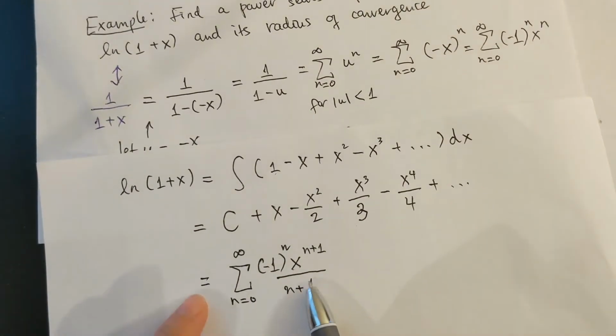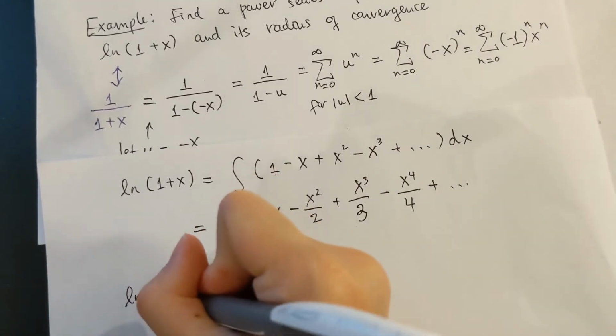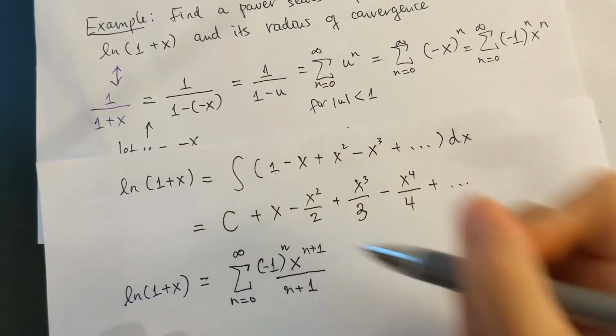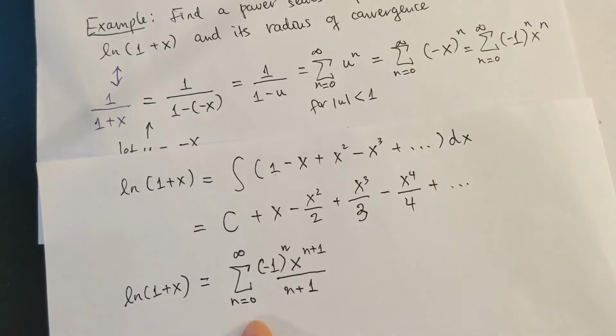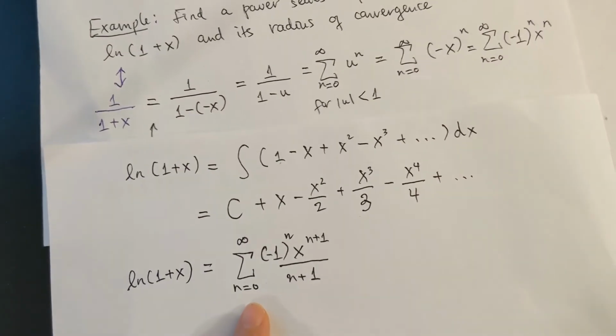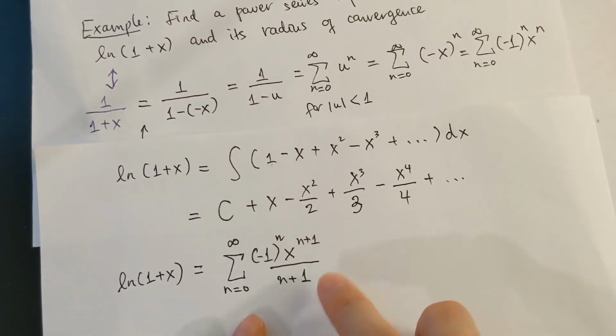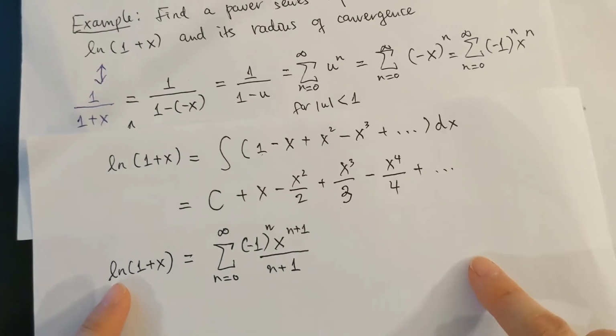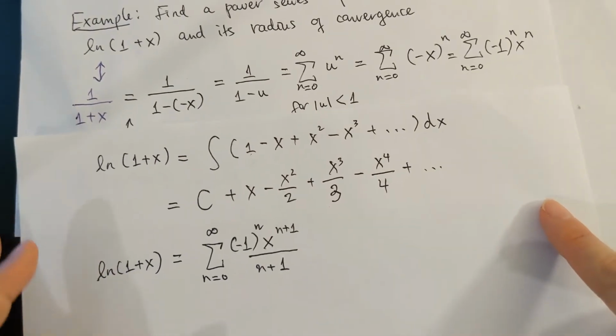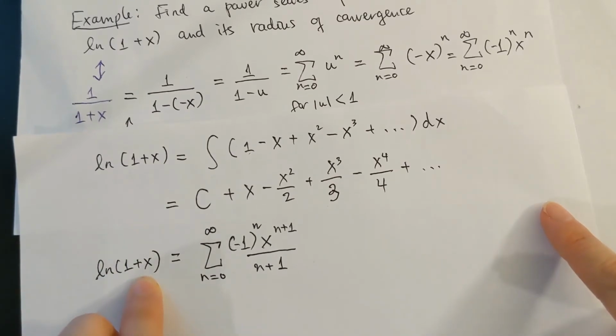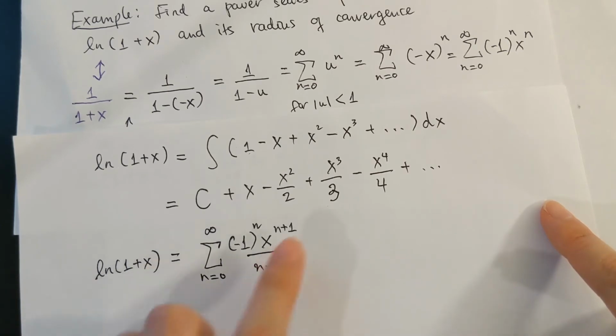Okay, so we have a power series representation for this function, which is what we mentioned earlier in the lessons. So anytime you want to calculate the natural log of a value, let's say the natural log of 3, now you would put x equal 2 in here.